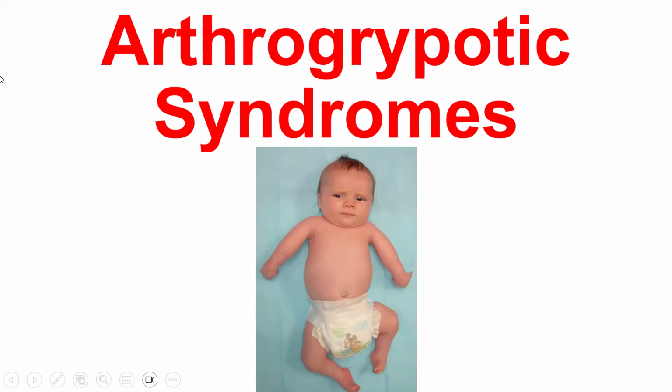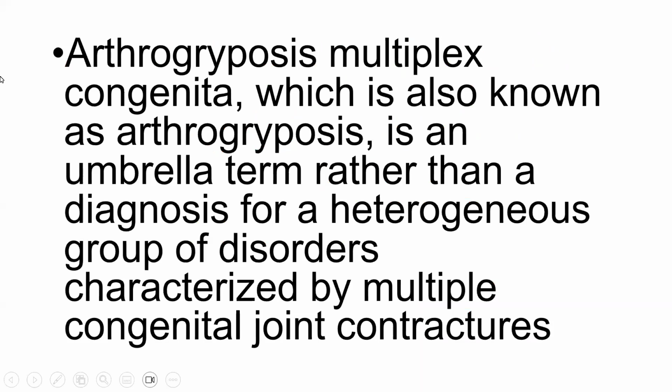Arthrogryposis multiplex congenita, which is also known as arthrogryposis, is an umbrella term rather than a diagnosis for a heterogeneous group of disorders characterized by multiple congenital joint contractures.